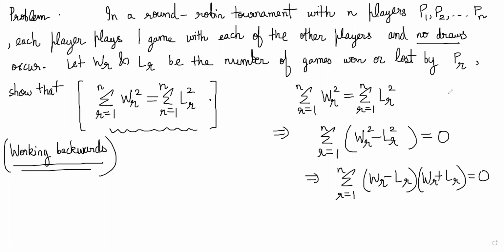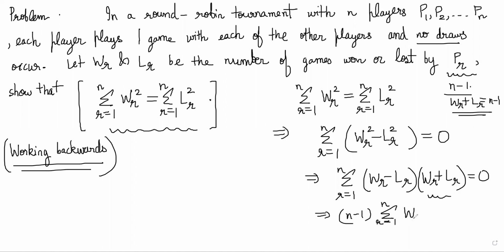Now we know that the total number of games played by the player PR, or any player for that matter, is n minus 1. So WR plus LR must be equal to n minus 1. So we can take this term out of the bracket and write it as n minus 1 times summation R goes from 1 to n of WR minus LR equal to 0.